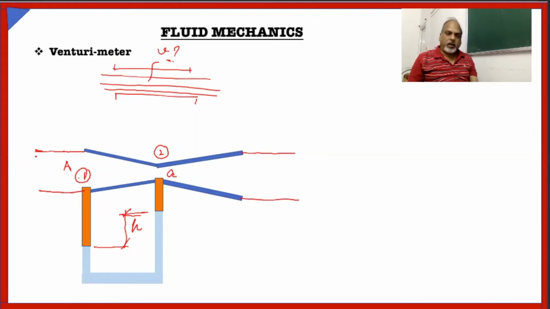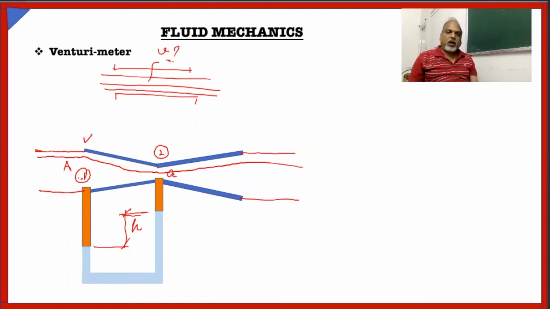Now fluid will be flowing through this like this. In this Venturimeter, one end is broad and this middle portion is constricted. It has got a smaller area.